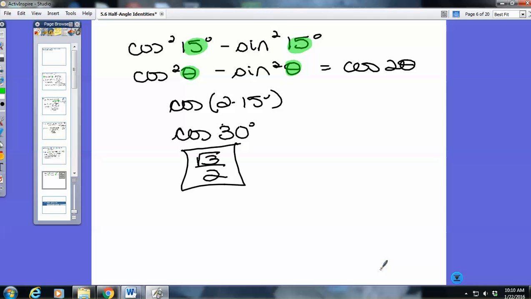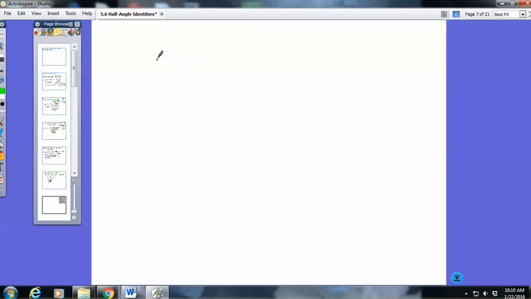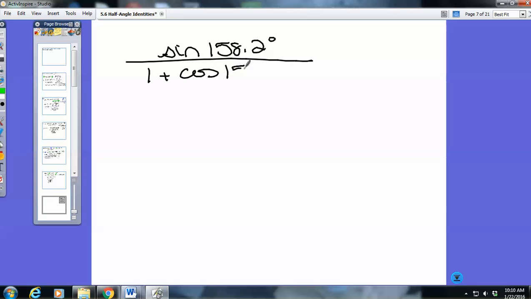Let's do another. Just trying to identify your formulas. If I said what does tangent of A over 2 equal?